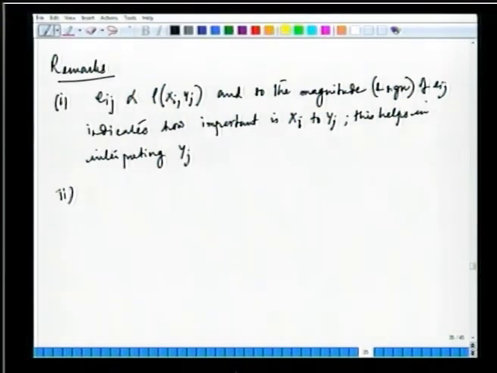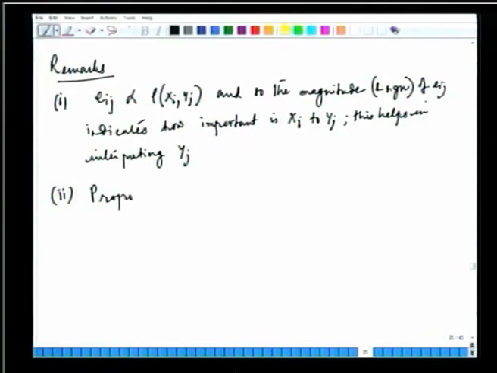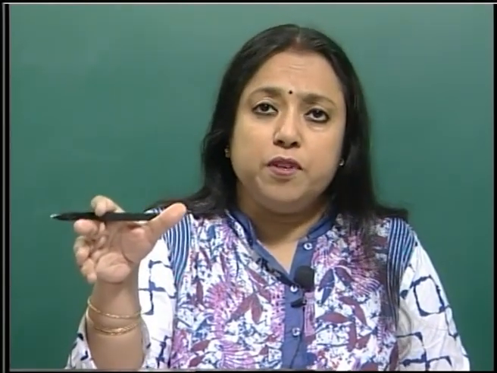The second one is the proportion. Now, if you recall, we have not talked about one more property of the principal components which we said is very important, that is, though the total variation in x is equal to the total variation in y, ultimately to make the whole exercise a fruitful one, the total variation in y should be explained by the total variation of a fewer number of the principal components.